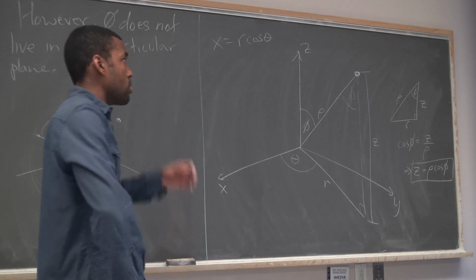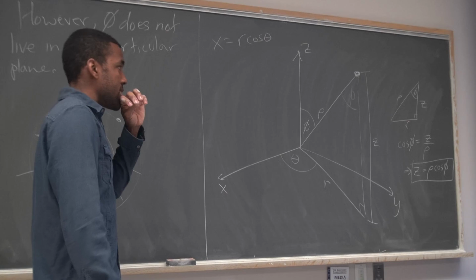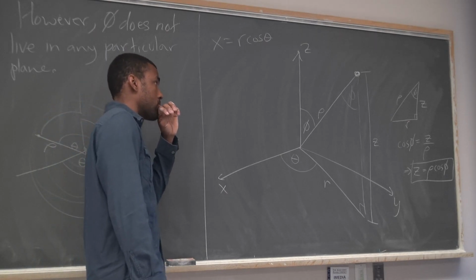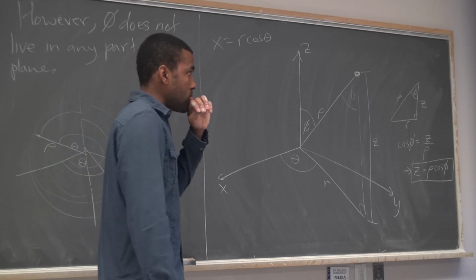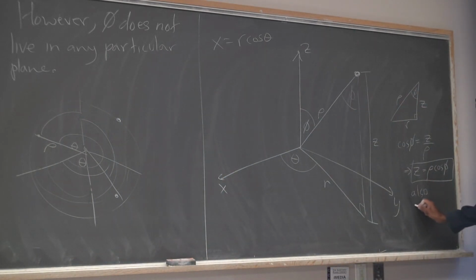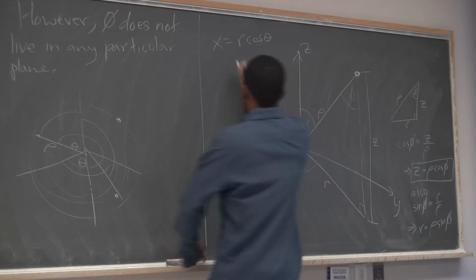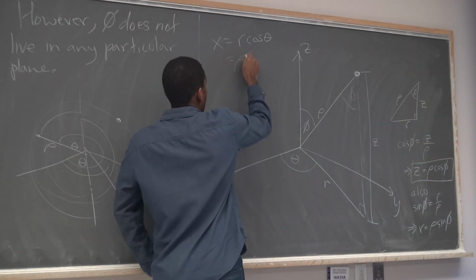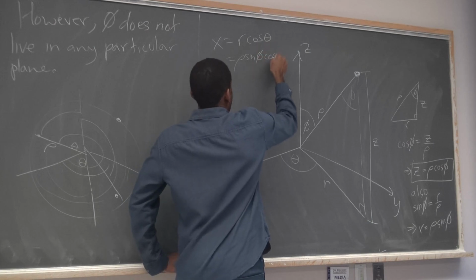Try to get a phi in there. Isn't it like sine phi is equal to r over rho? If I take the sine of phi, I get opposite over hypotenuse, that's r over rho, which means that I can write my r as rho sine phi, which means my x would end up being, I can replace this r with rho sine phi, cosine theta. That's my x.